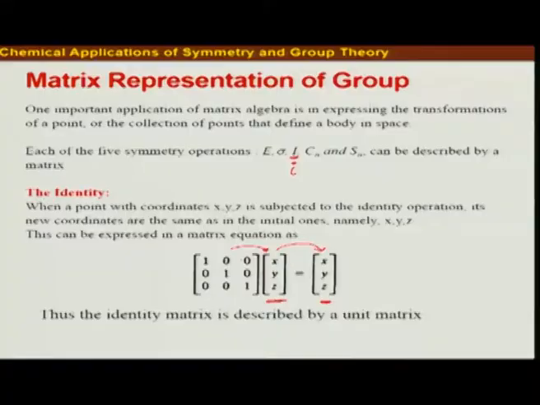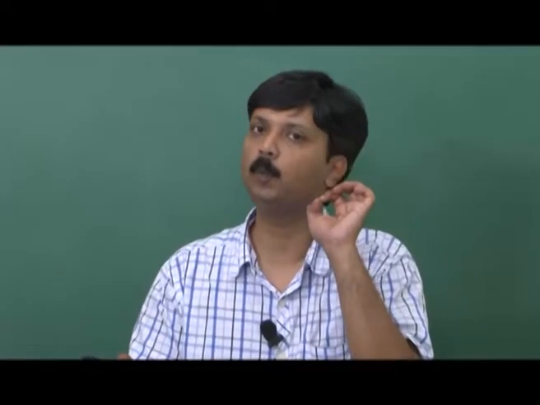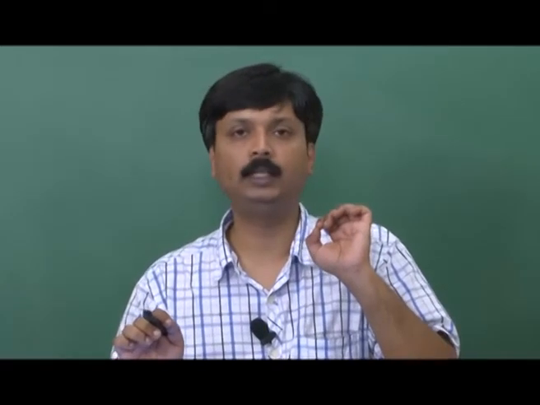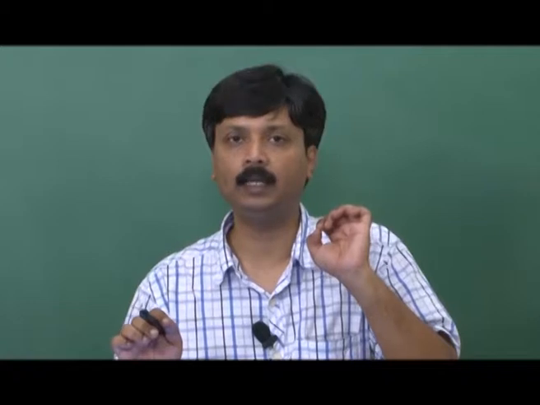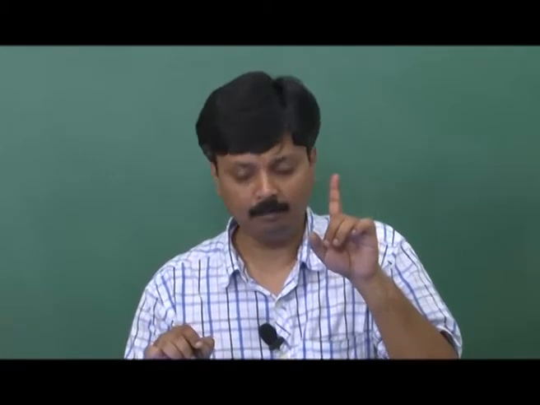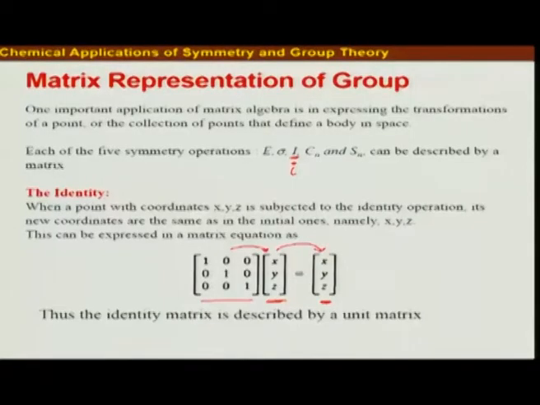So in a sense I should have a 3 by 3 square matrix that can act as the identity operator, and it should not change any of the x, y, and z in the column vector. The only way I can satisfy that is if my matrix is this, that is all the diagonal elements are unity and the rest of the elements are 0, which is nothing but the identity matrix.